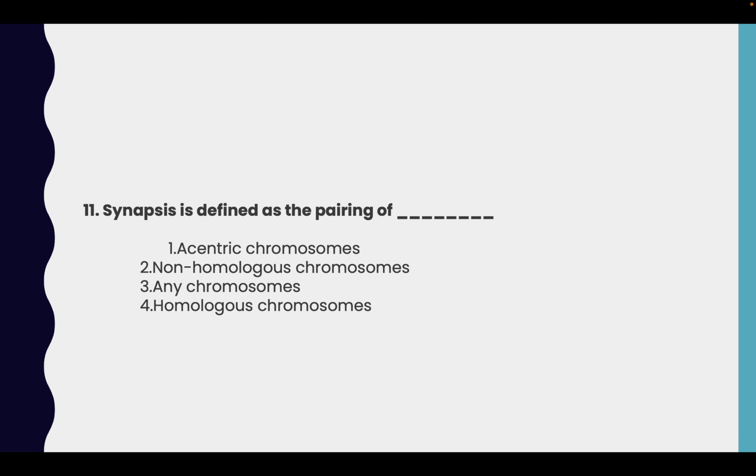Now next question. Synapsis is defined as the pairing of homologous, non-homologous, acentric, any chromosomes. Homologous chromosomes. What is synapsis? Pairing of homologous chromosomes means the chromosomes which are somewhat similar will pair with each other. Right.